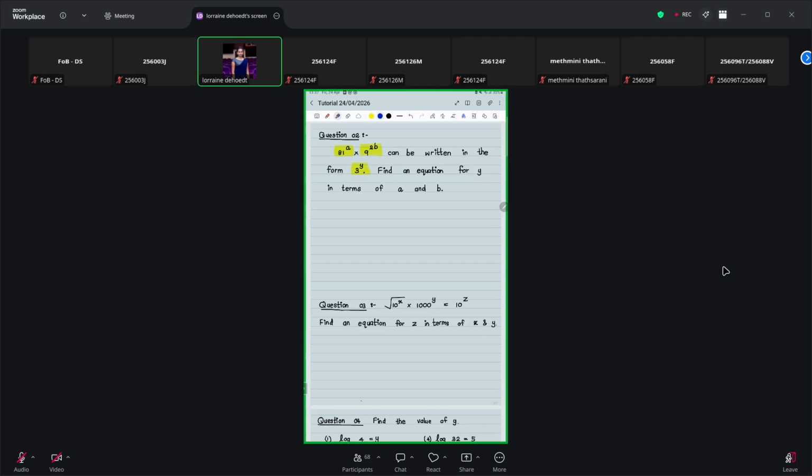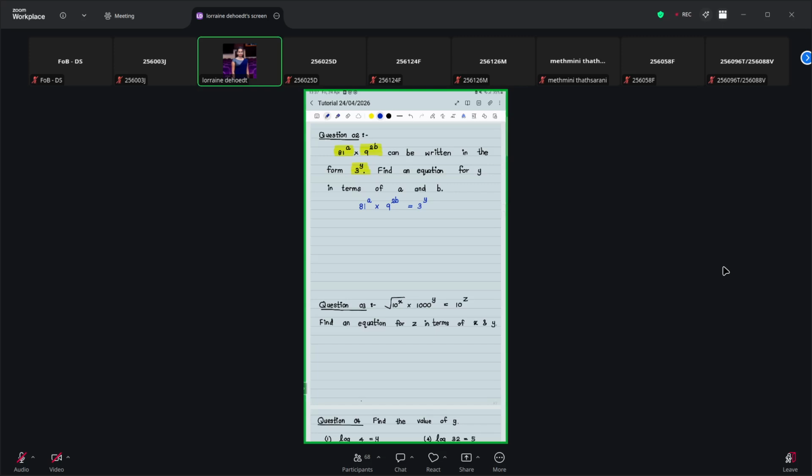That means they say 81 to the power a into 9 to the power 2b equals to 3 to the power y. This is the equation.